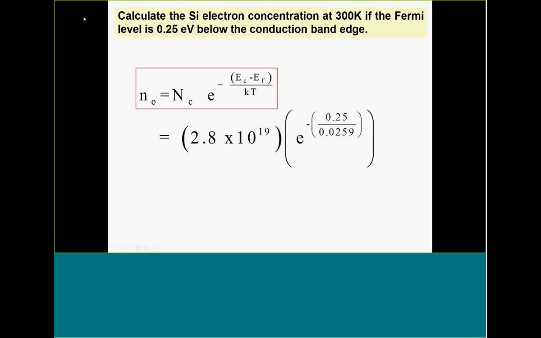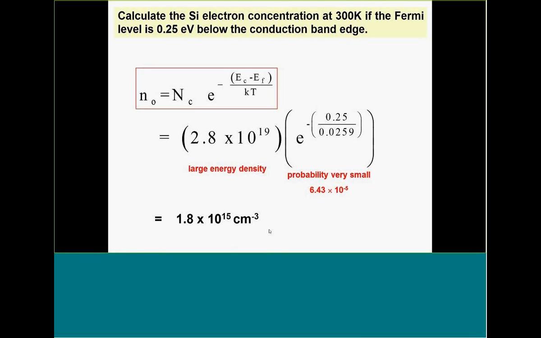N0 equals NC, the simplified version, times e to the power of negative (E minus EC) over kT, which you have already calculated. Where the probability is very small and the density of states is large, you get a value of the magnitude of 10 to the power of 15, which is essentially where our charge carriers are in our devices.